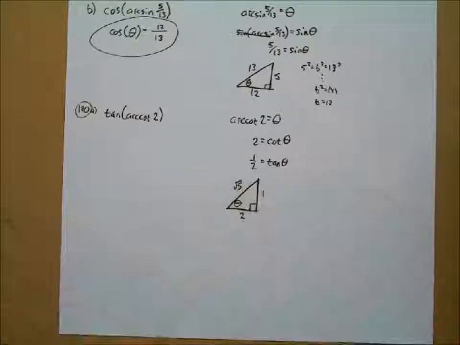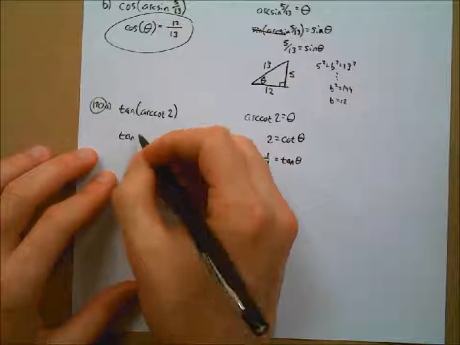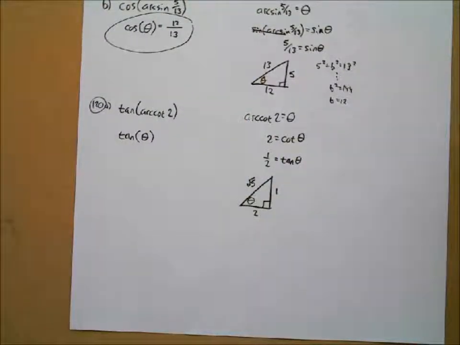I guess we don't really need that. Tangent of that arc cotangent of 2 is the same thing as evaluating tangent of theta, opposite over adjacent, 1/2.